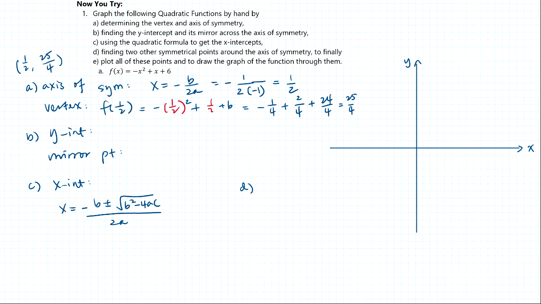And we can highlight it. So for the y-intercept to be 0, it's a constant.